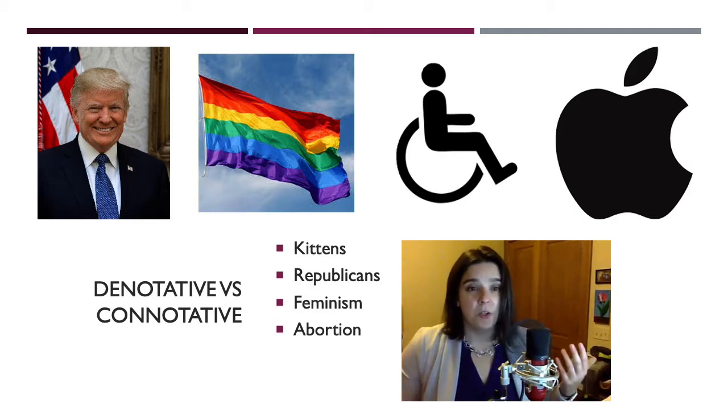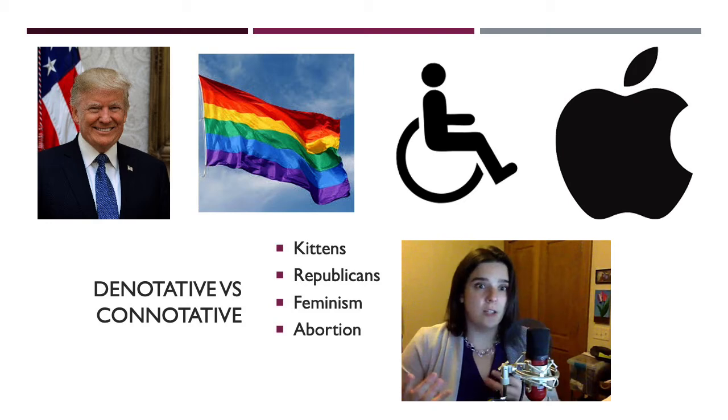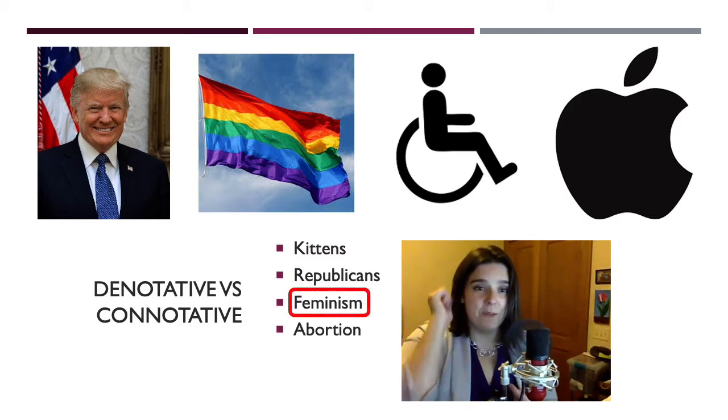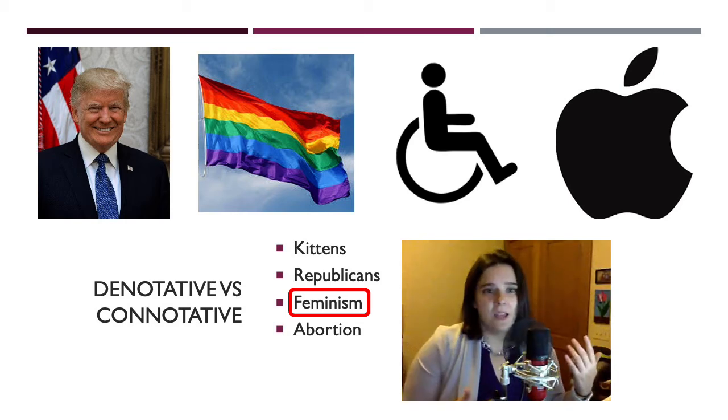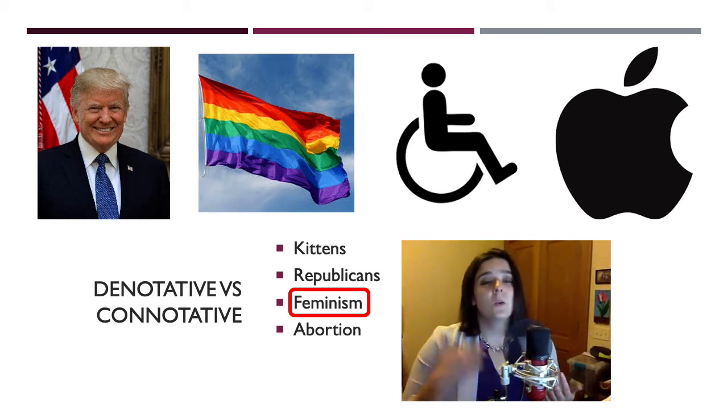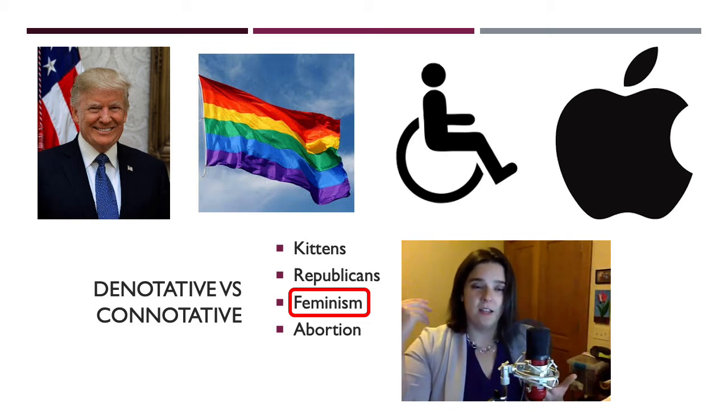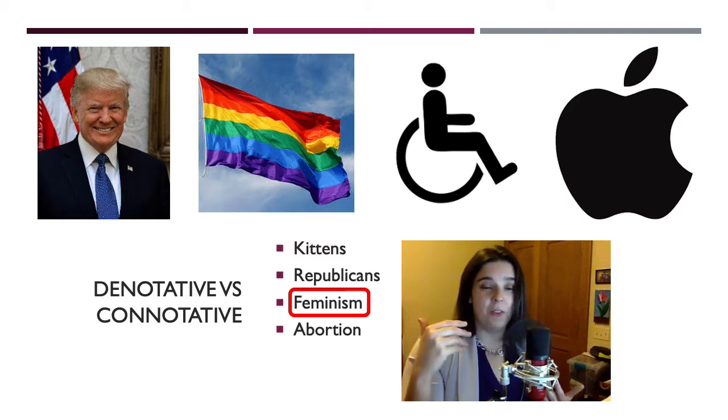So one thing I would encourage you to do is look at some of these words or some of these symbols and think about what your first thought is. Let's say you look at feminism, you're like, yes, I am a feminist. I identify with this word. Okay, now think about what that denotative definition is versus your connotative, yes, I identify with it.